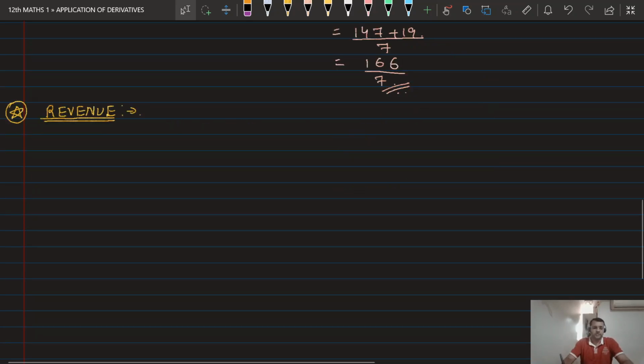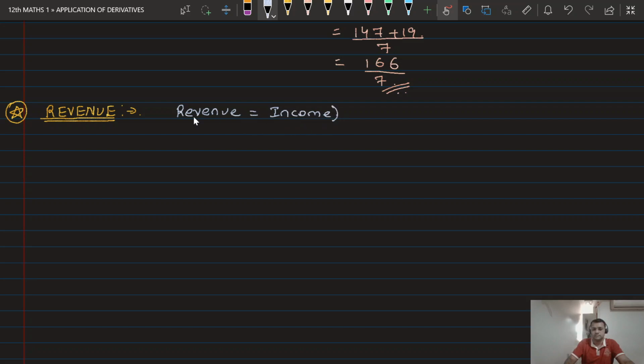Now the next part is based on the revenue. When we talk about revenue, the first thing that we should know is what exactly is the meaning of the word revenue. In general, we say that revenue is exactly equal to the income.